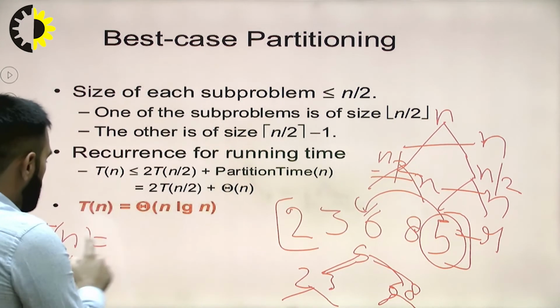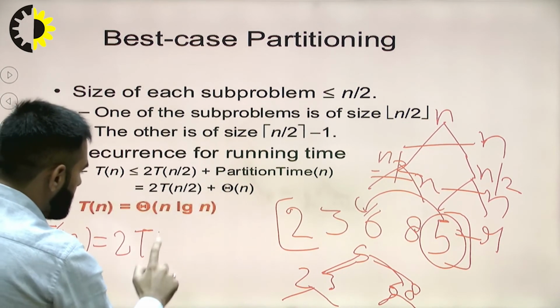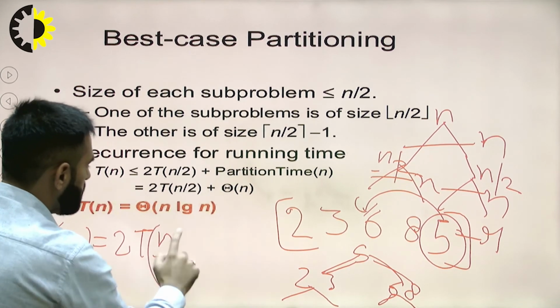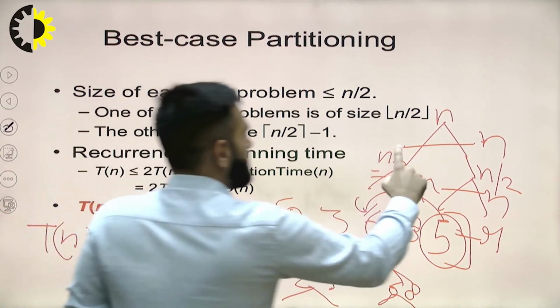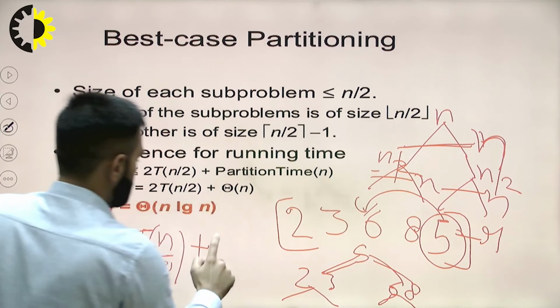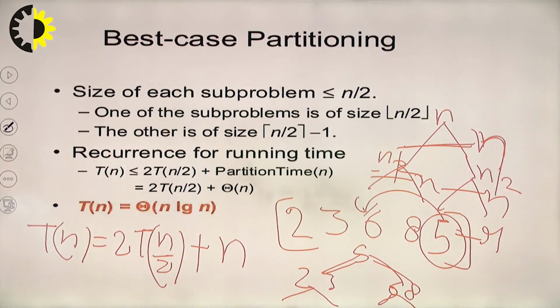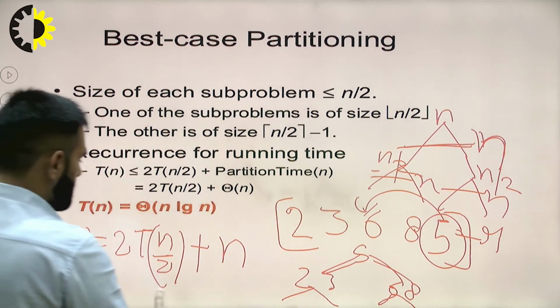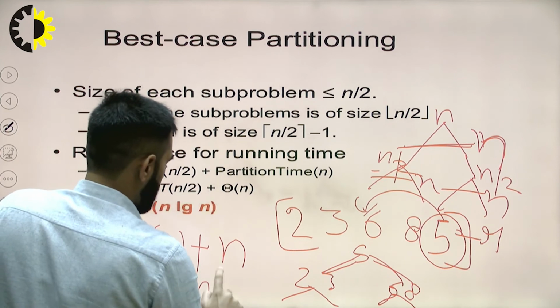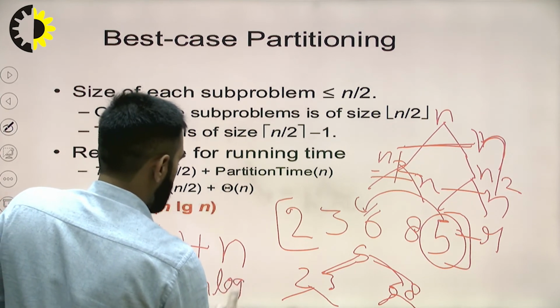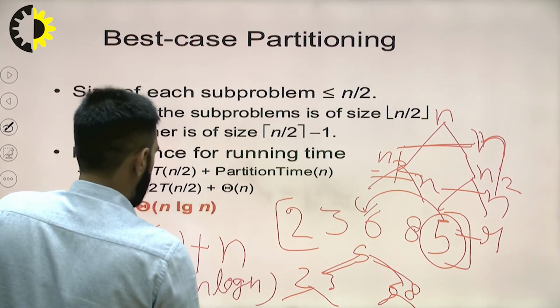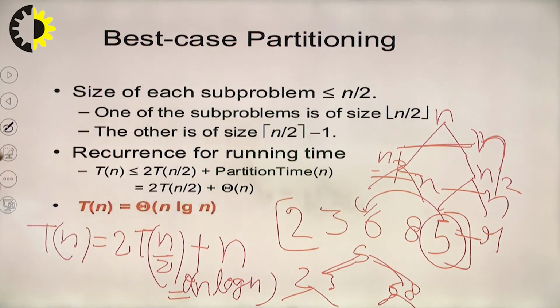So equals 2T(n by 2) plus divide time n, the partitioning time n. So it is n log n.